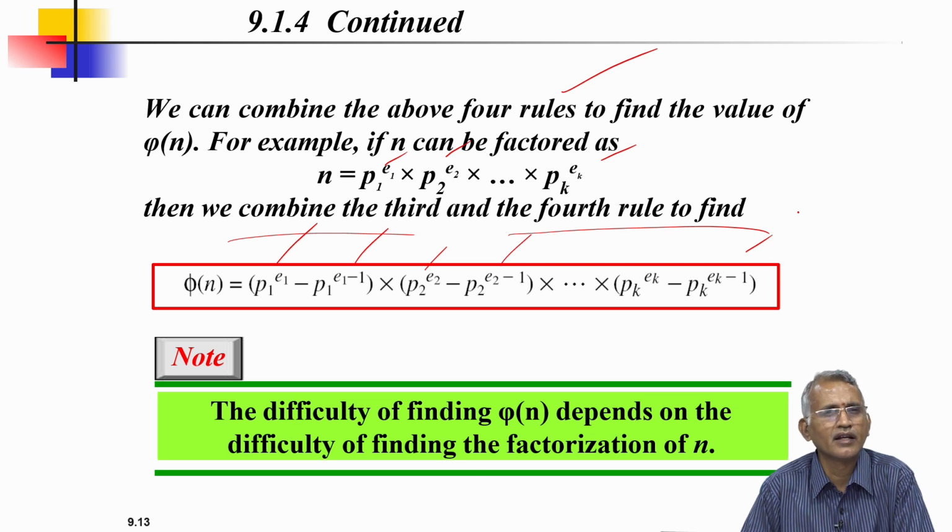This way we can express the totient function phi of n as the product of these expressions.